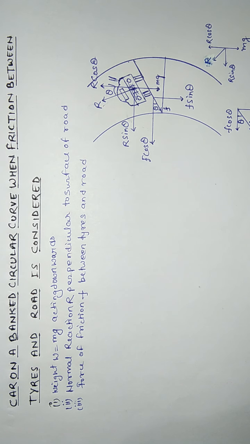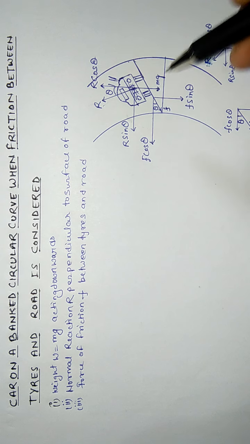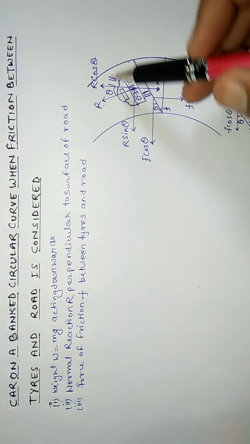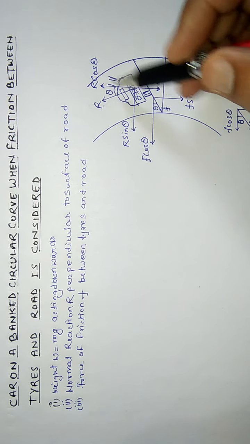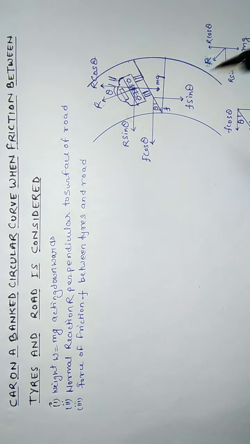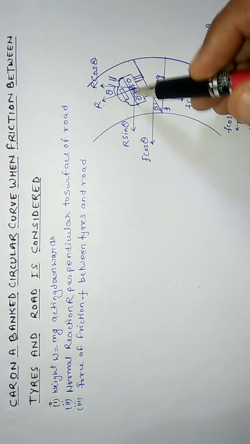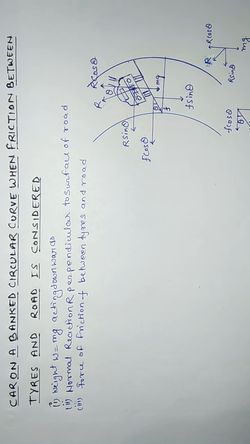Now this R can be resolved into two components. The vertical component is R cos theta and R sin theta is the horizontal component.